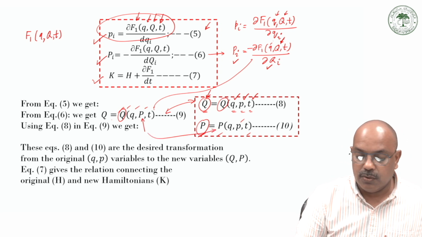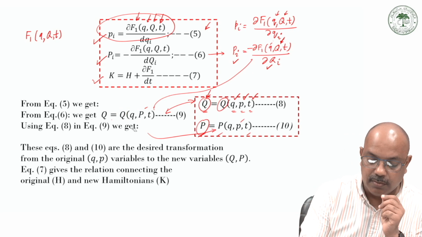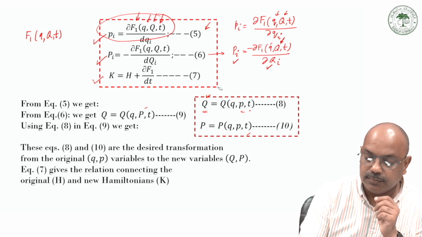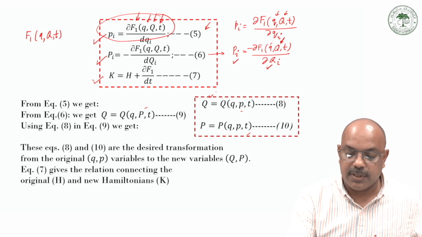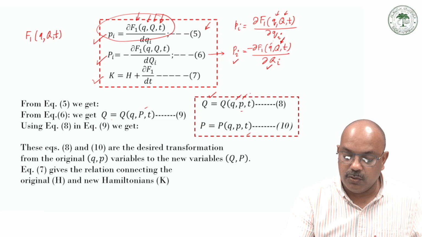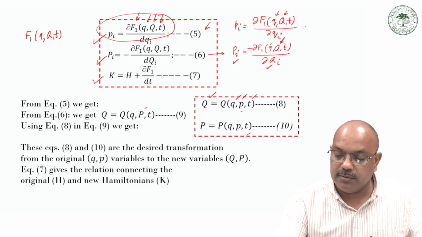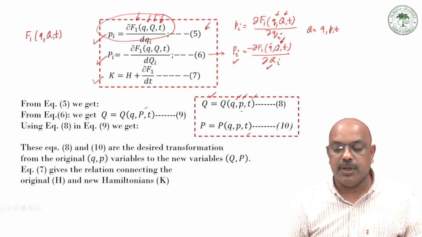Okay, so let me again try to make it clear what you're going to do. From the first equation, what I'm going to get is capital Q in terms of small q, small p and t. Okay, so I'm going to differentiate it. Just like I'm going to have Q, which is a relation between q, p and t.